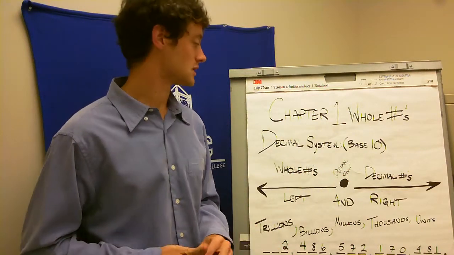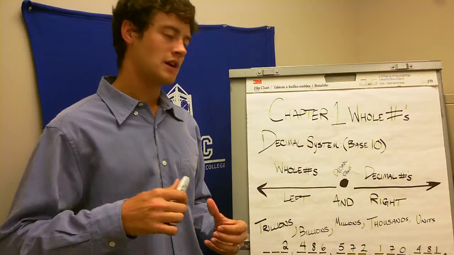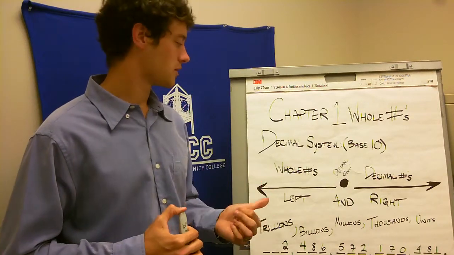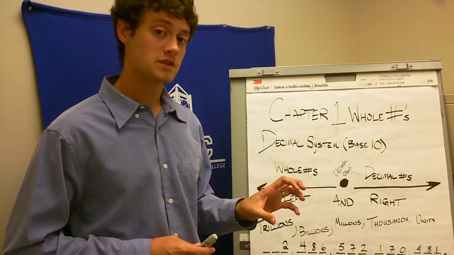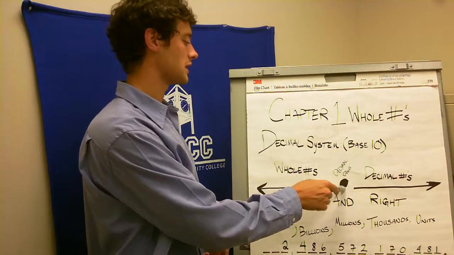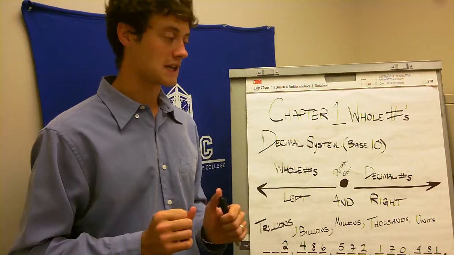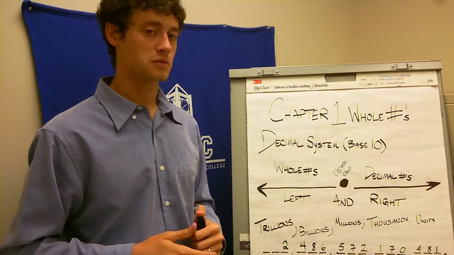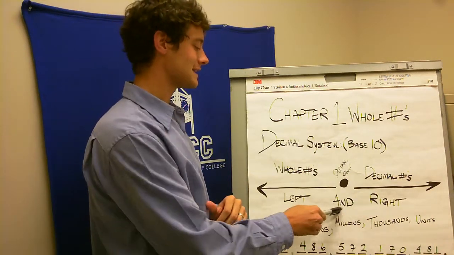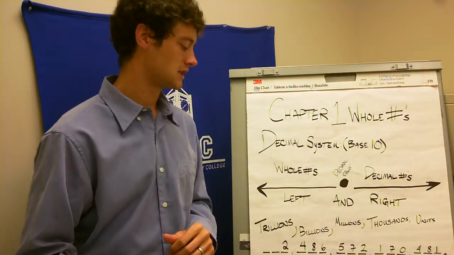There's 10 digits. And the numbers on the left, when you write down a number, those are considered whole numbers. Your decimal point right here in the middle is what separates whole numbers and decimal numbers, which is to the right. And when you say "and," that also signifies a decimal point.